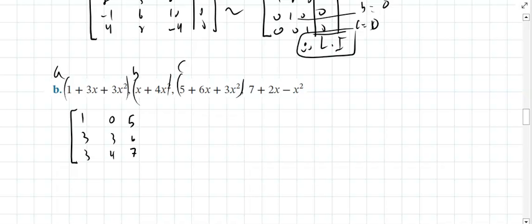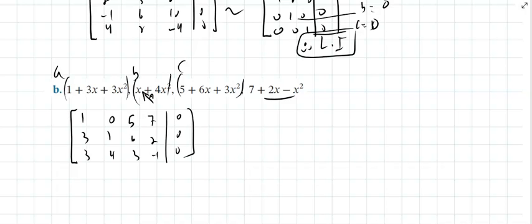I noticed I put a 3 there. That's actually a 1 there. Then we have 5, 6, oh, what is 7? It's 5, 6, 3. And for the last, we got the 7, the 2, and the negative 1. Set that equal to 0, 0, 0, and solve, right?